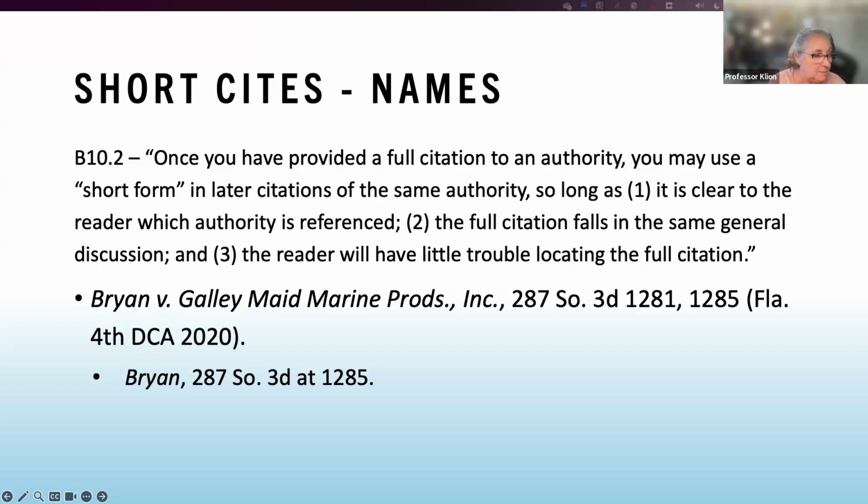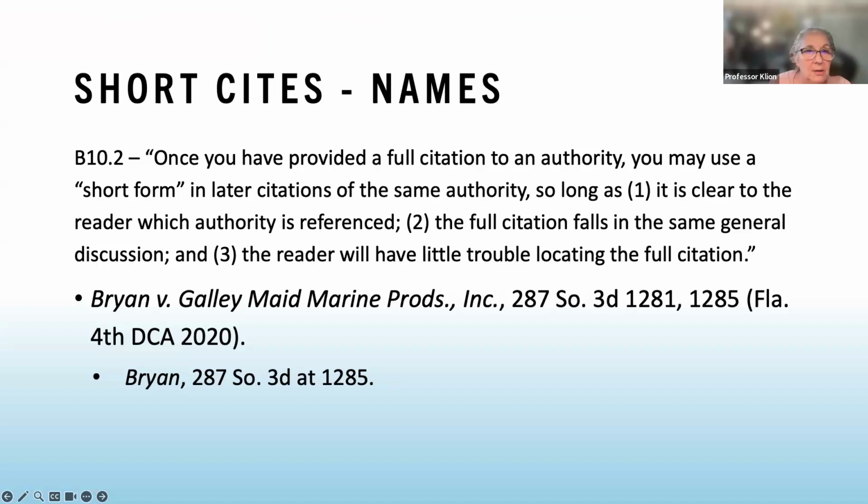It also says that you can shorten a long party name so long as the reference remains unambiguous. So just for the point of analysis of argument, to make that point, if by chance Bryan was a common litigant, which it's not, but again, for the sake of argument, instead of writing Galley Made Marine Products, Inc. as the name of the party that you would be using, you can simply use Galley Made and give the cite.